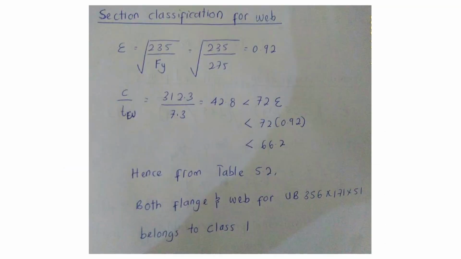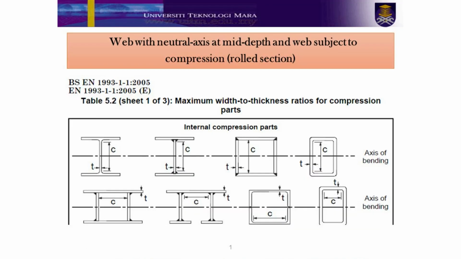To classify the web section, like the flange classification, all you need to find is the strain parameter by calculating as shown here. The value of fy is calculated in the previous step. Next, you need to calculate the web slenderness ratio. The c value is defined as shown in Table 5.2, Sheet 1 of 3, which defines the length of c for the web.